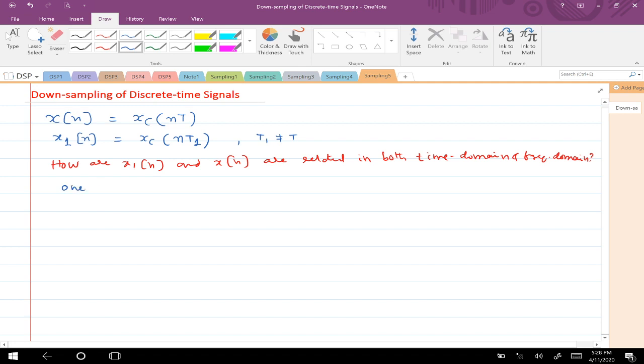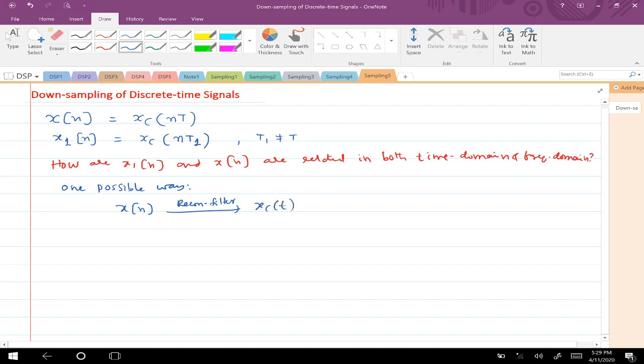One possible way to either upsample or downsample is, for example, you have x of n, and you use some reconstruction filter, similar to what we discussed in the third lecture, and from that you get xc of t.